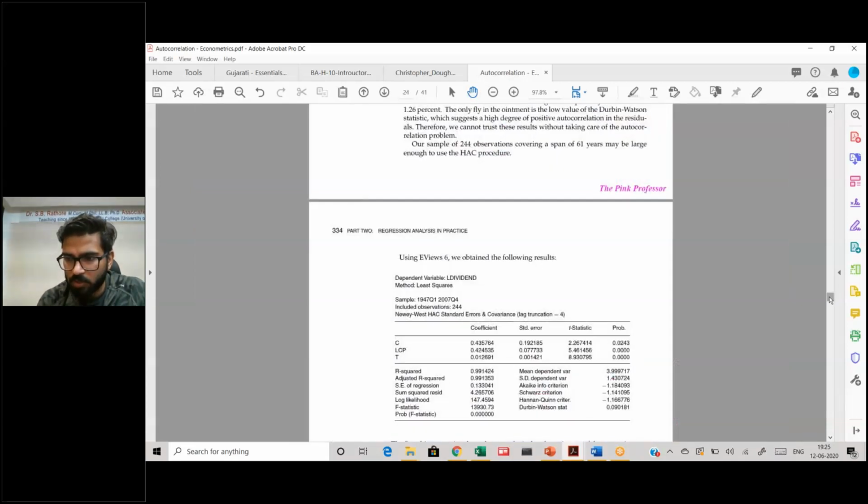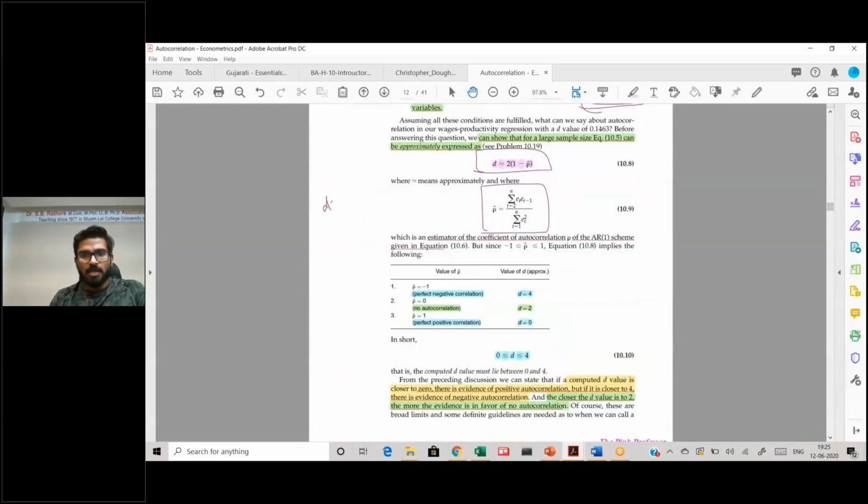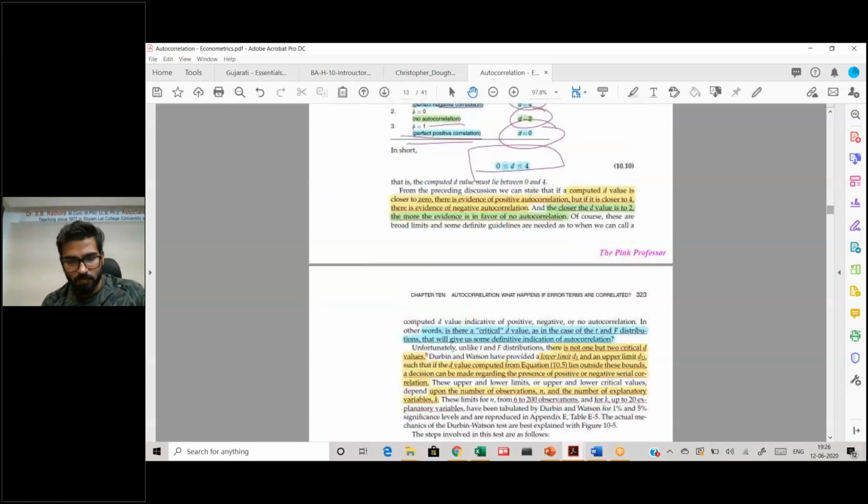Now coming back to our analysis, we now know how we got this particular rho value. And through this rho value, we know that if rho is equal to minus 1, which essentially means there is negative autocorrelation, the approximate value is 4. If there is no autocorrelation, the value is 2, and if there is perfect autocorrelation, the value is 0. So the range of computed d is between 0 and 4.